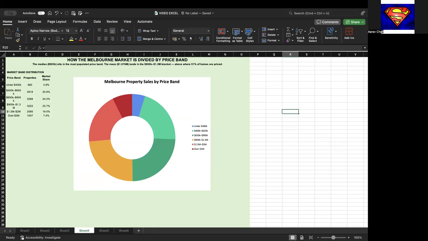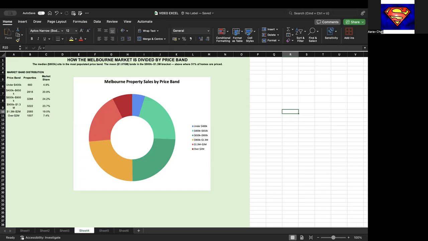This is very important because it shows where most real market activity happens. The majority of buyers are not purchasing luxury homes, they're buying in the middle market. That is why the median becomes more meaningful. It sits nearly where most transactions occur. The mean, however, gets influenced upward by a relatively small number of high value sales.